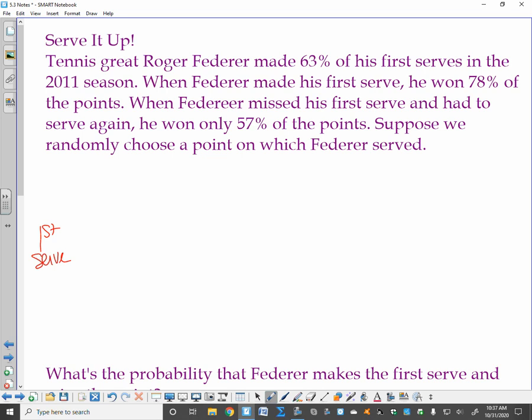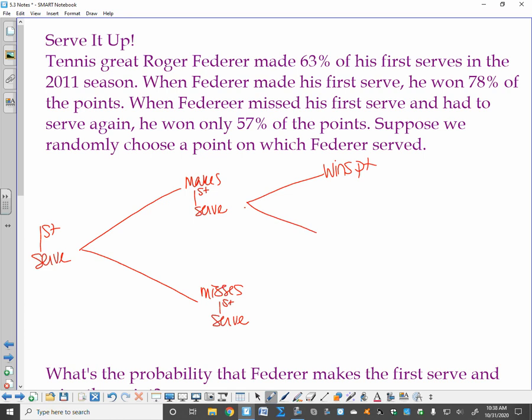Okay, so first serve. He either makes it or he doesn't. So makes first serve, misses first serve. Okay, after he makes his first serve, he either wins the point or doesn't.